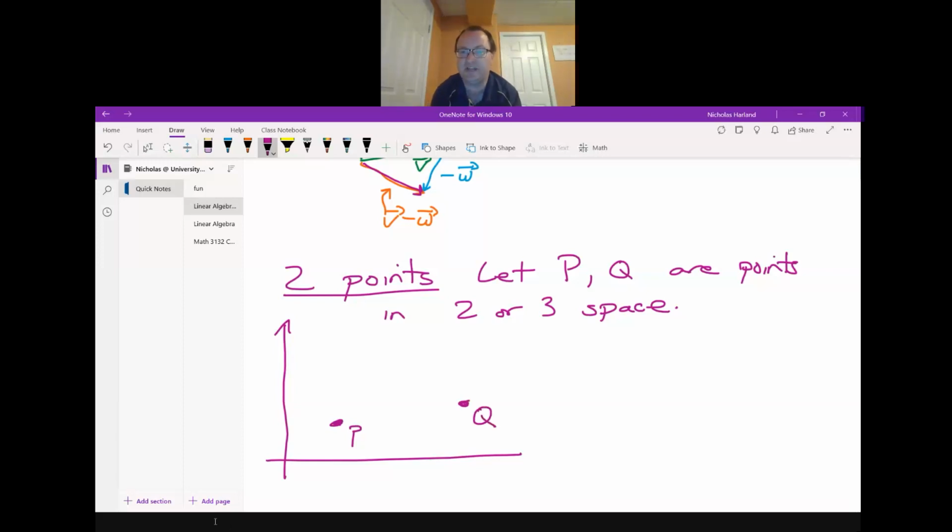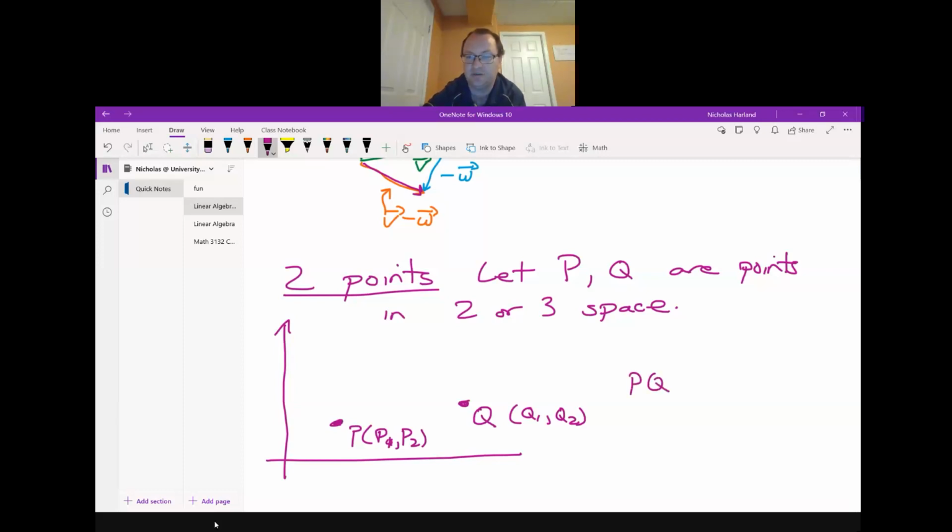So there's a couple ways we can handle this. Let's say P was P1, P2, and Q is Q1, Q2 in terms of the actual point. The first way would be thinking like you might have in high school: if we have P1 and Q1, what do we have to do to get from P to Q?